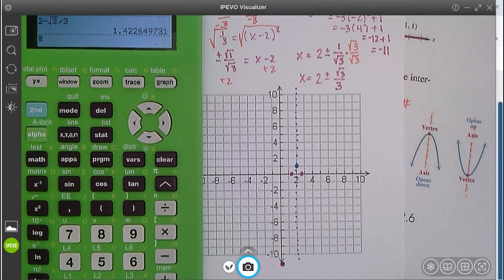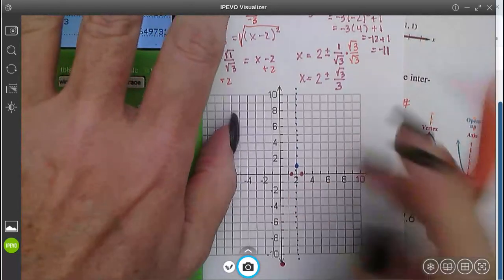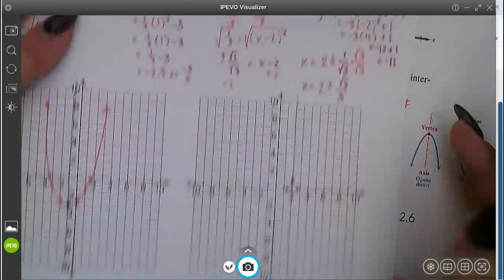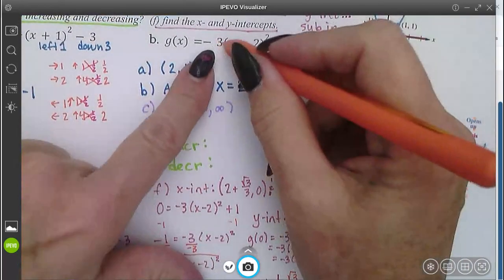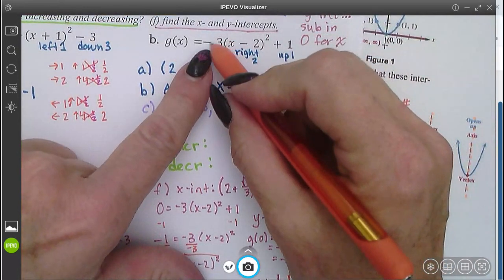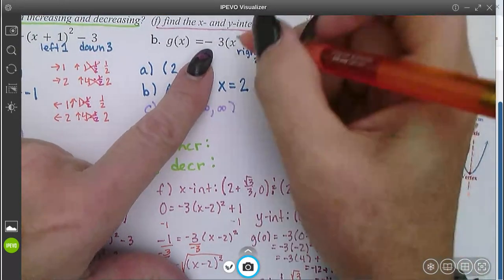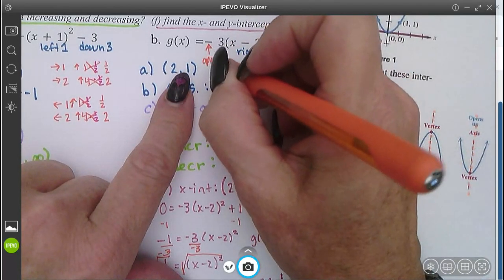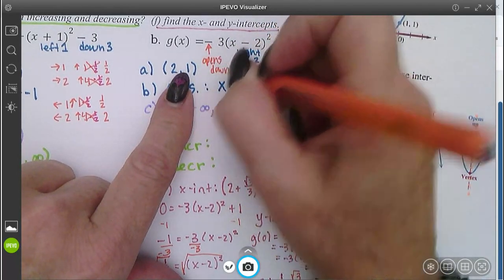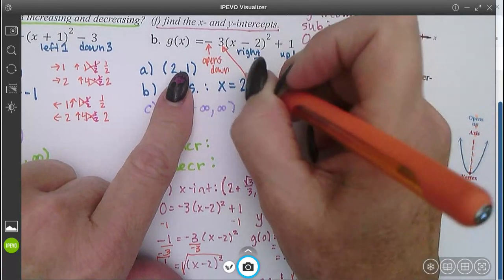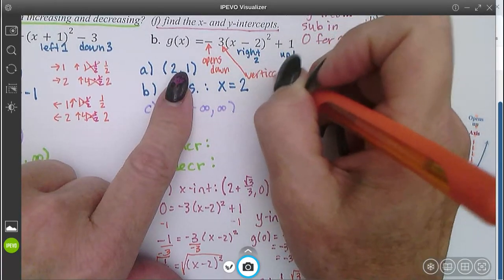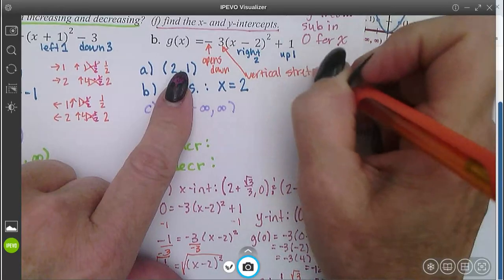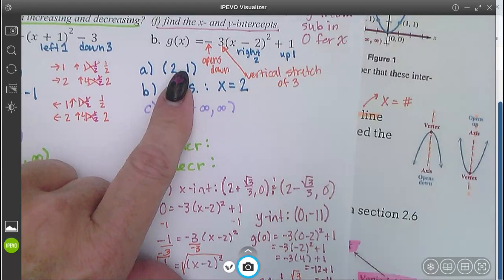Now let's go back up and use the pattern to fill in the rest of our parabola. I have a vertical stretch of 3 and a reflection across the x-axis. So this means the parabola opens down. And this means I have a vertical stretch of 3.